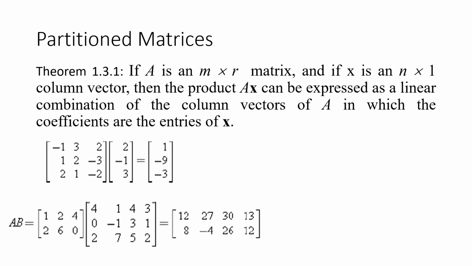So the matrix product, that one is equal to 1, negative 9, 3. It can be written as the following linear combination.